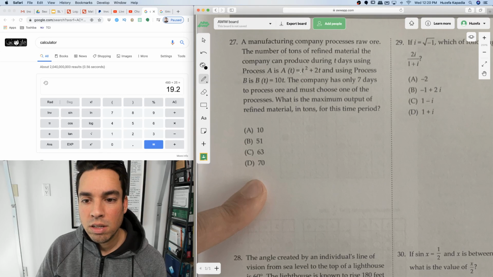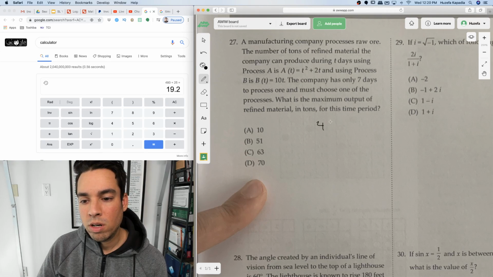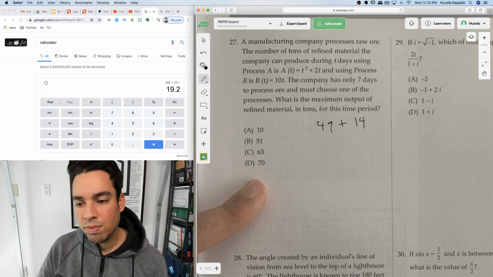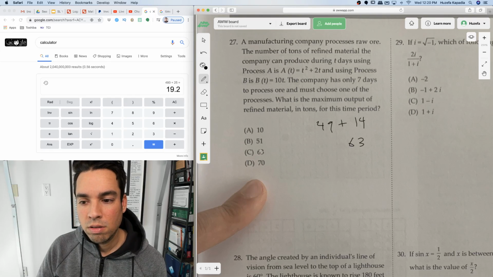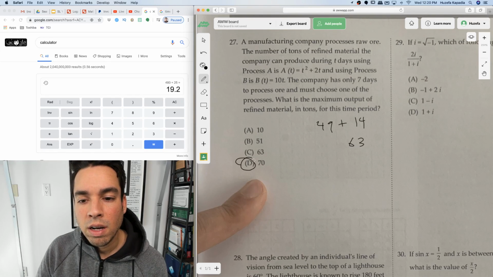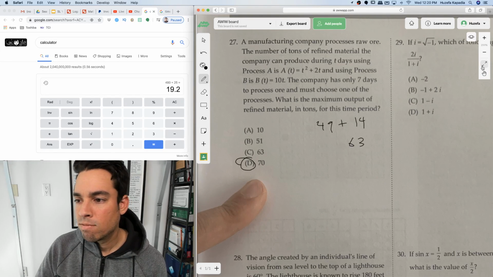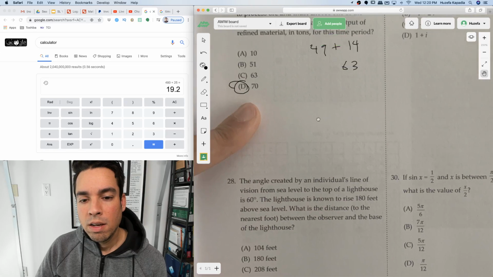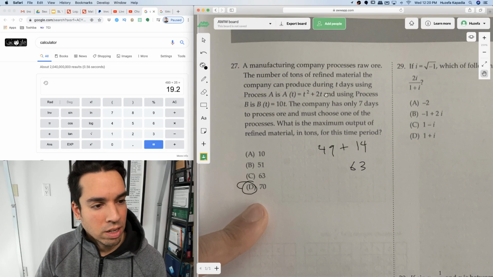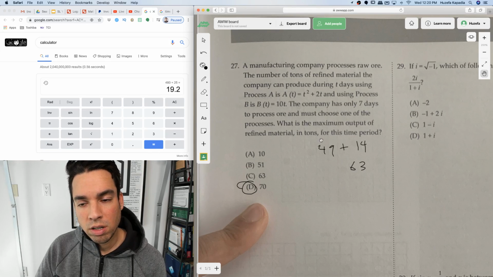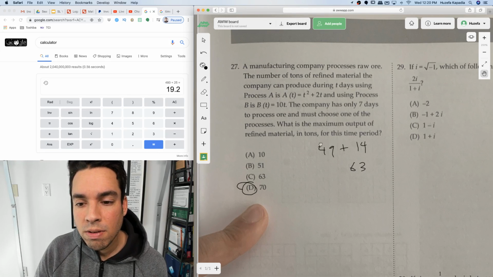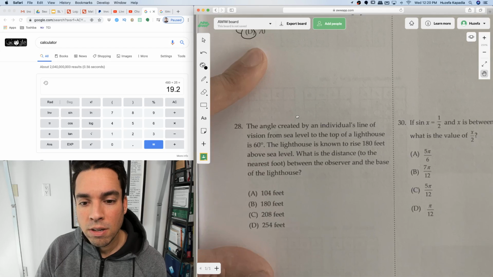So this becomes 49, 7 squared plus 14, which is 63. This one's 70T. It's process B. What? Oh, 70. Yeah. It feels a little too easy for question 27 because 27 through 30 are going to be pretty tough, but I literally think that's it.